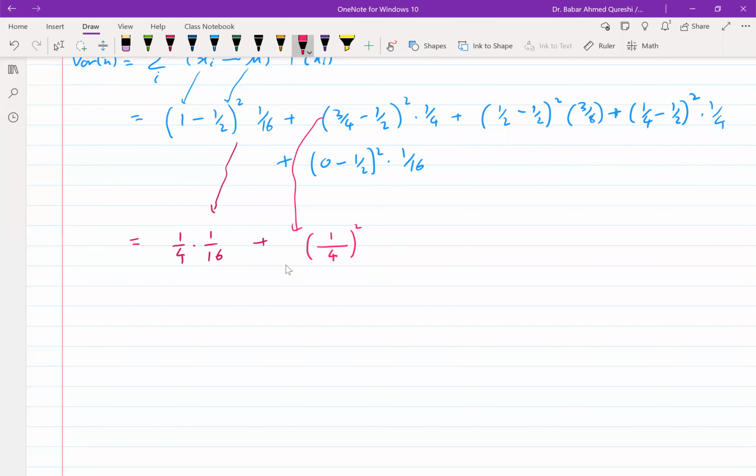So it's going to give me 3 minus 2, 1 by 4 square. This is 0. This gives me, again, minus 1 by 4 square times 1 by 4. And this guy gives me minus 1 by 2 square, which is 1 by 4, times 1 by 16.